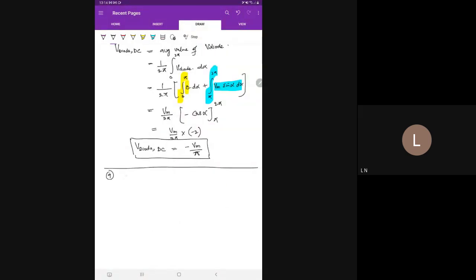So we have the ninth one, no load DC output voltage, VDC no load.